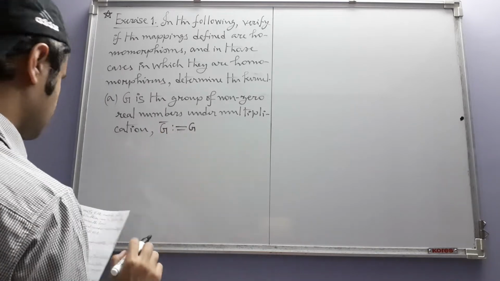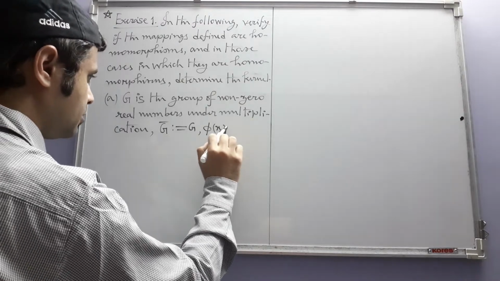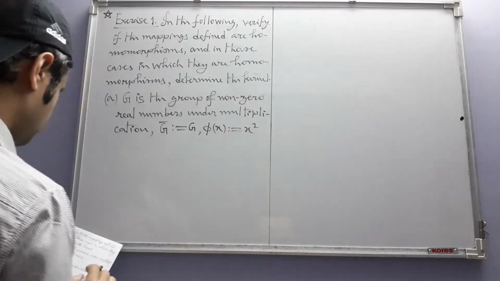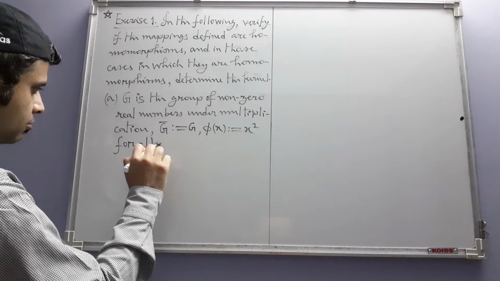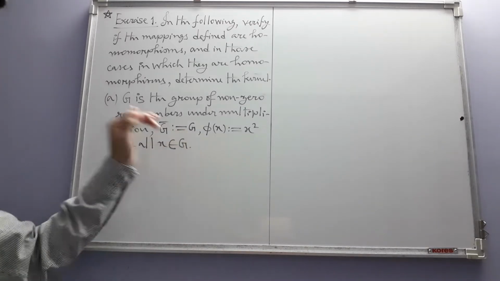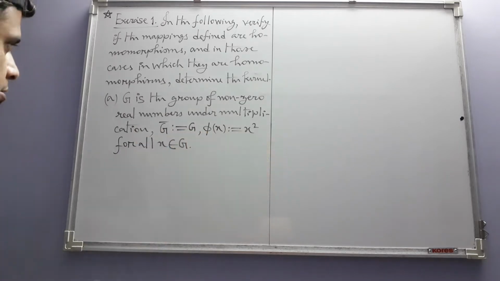G bar is G and the function phi is defined to be this for all x in G. That is, the function phi maps G into G bar and the formula for the function is this.